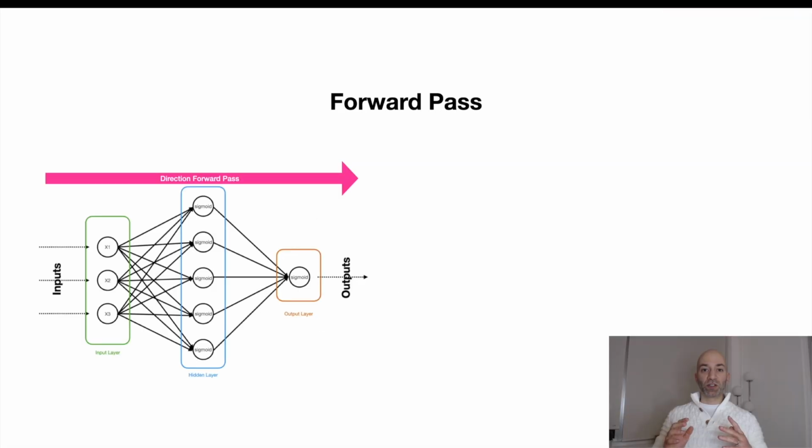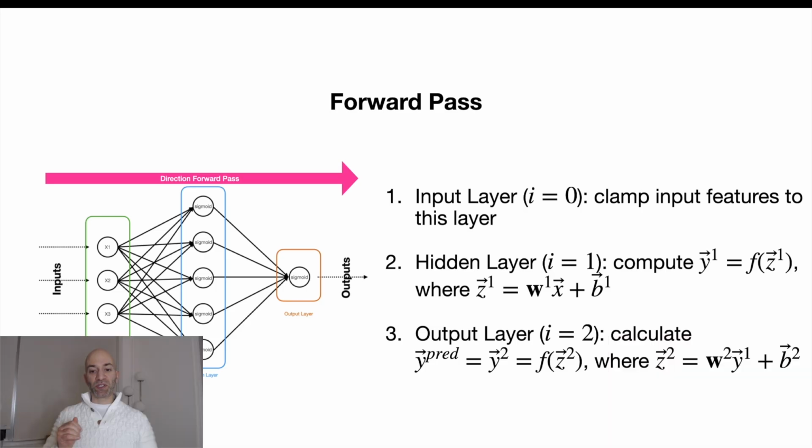Now let's look at these steps in a little bit more detail. We have our forward pass, and here I've illustrated again for our example exactly what we are doing. We go from the input layer to the output layer, and our approach is a three-step process. First, we start with the input layer, i equals 0, and we clamp our input features to this layer.